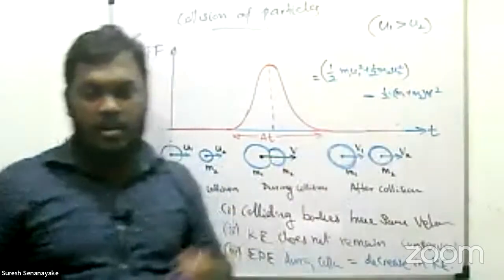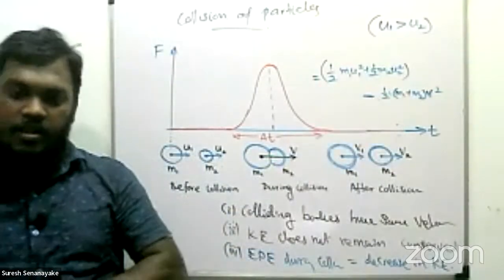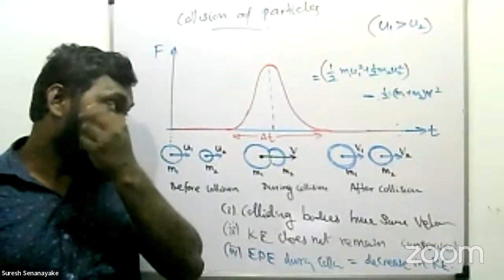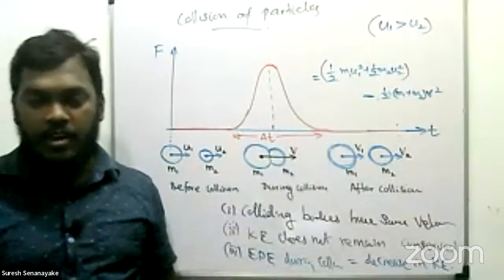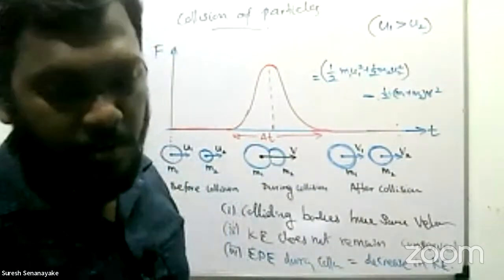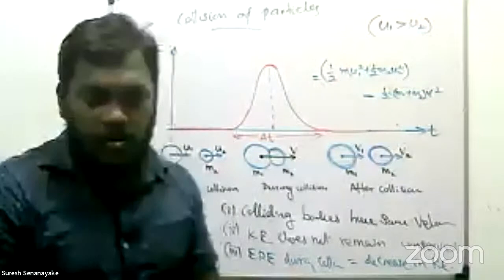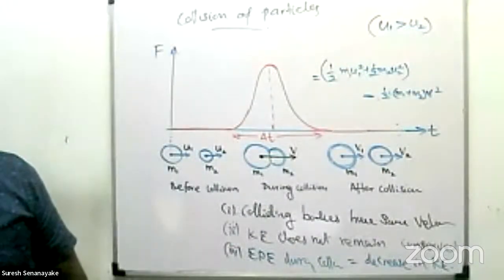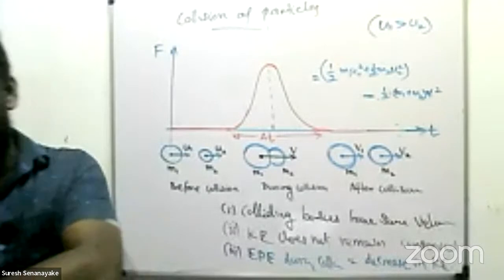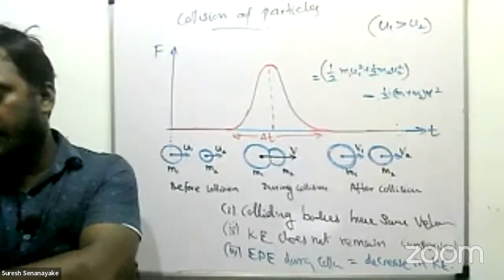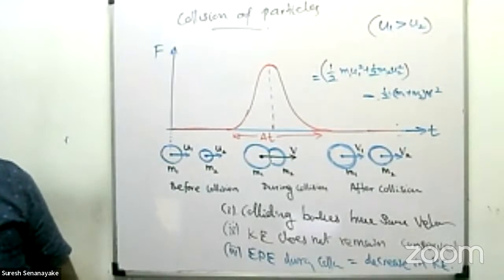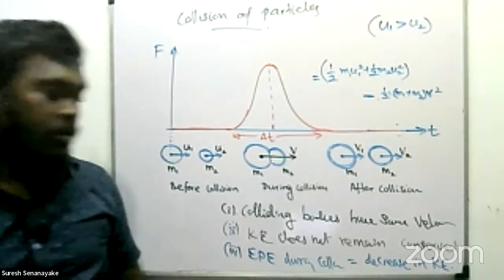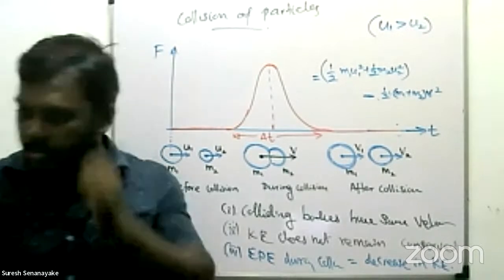If someone asks how much energy is stored during the collision, you can write this. It converts again to kinetic energy and they travel with different velocities. For any kind of collision, momentum is conserved, but kinetic energy is not conserved for all types of collision. Kinetic energy is conserved only for elastic collisions. We will discuss this.